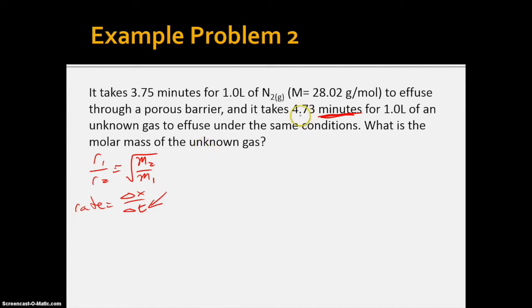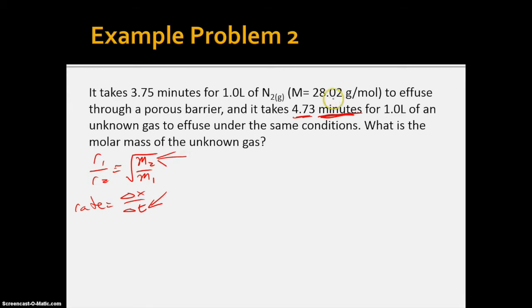So you can't simply take this 4.73 value and plug it straight into this rate value. It won't work out. So you're looking for the molar mass of the unknown gas, and go ahead and make this your unknown, because it'll just make things simpler in the long run.